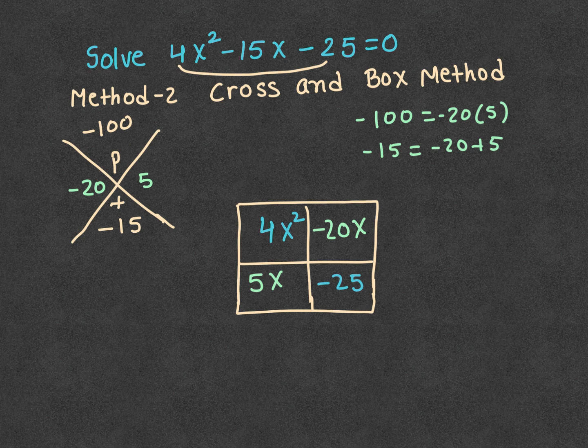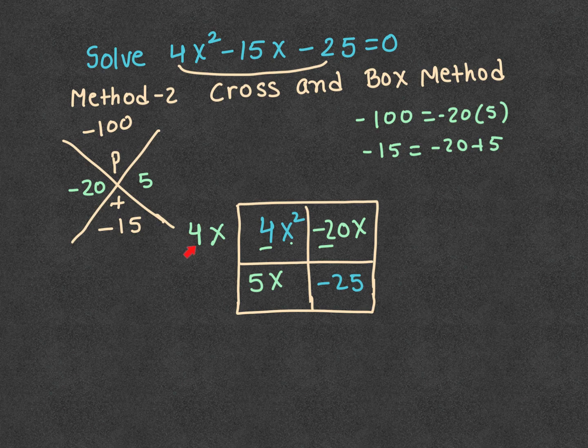Now we use this row and take the GCF from this row and write it over here. GCF is the greatest common factor that divides this number and this number. So the greatest common factor is 4, and for the variable it is x, so 4x.